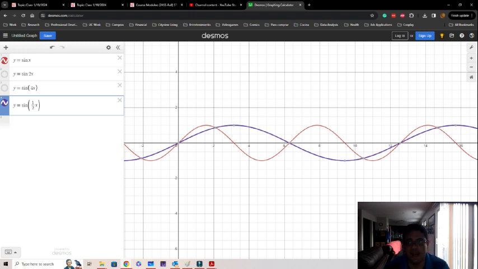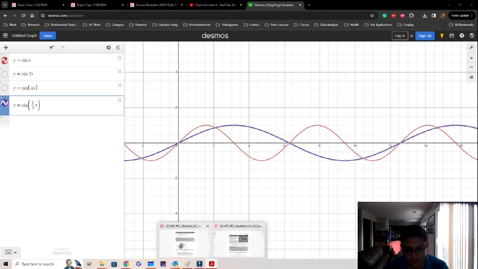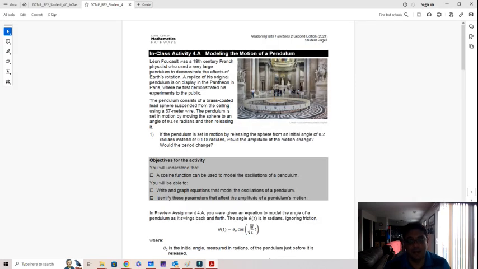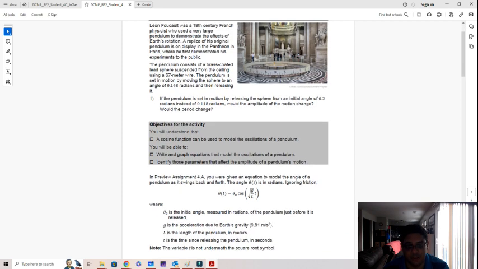Now, that is going to be related to what we're going to be doing in 4a. In 4a, we're going to come back to modeling the pendulum. This time, I'm going to give you a function theta of t, which is measuring the angle that the pendulum is making. We're going to have a position theta 0, the initial angle of the pendulum, measured in radians.